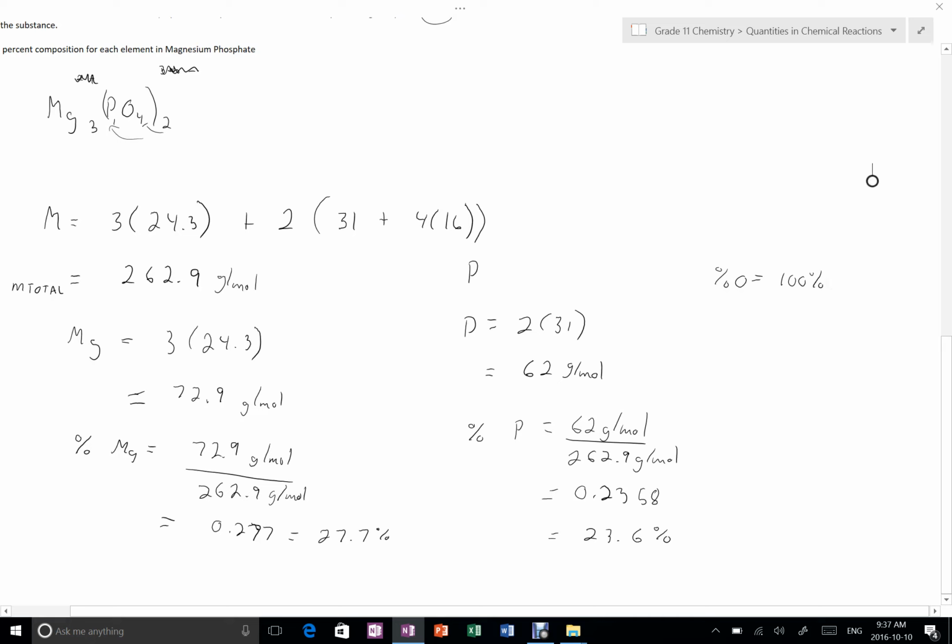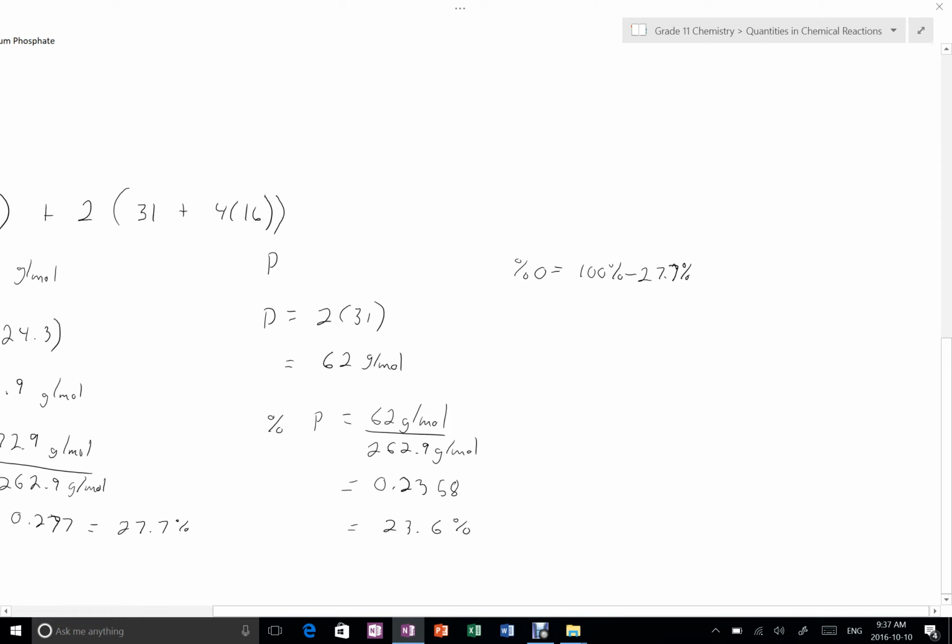So if I take away the 2 that I have already, I can see that I must have 48.7% oxygen.